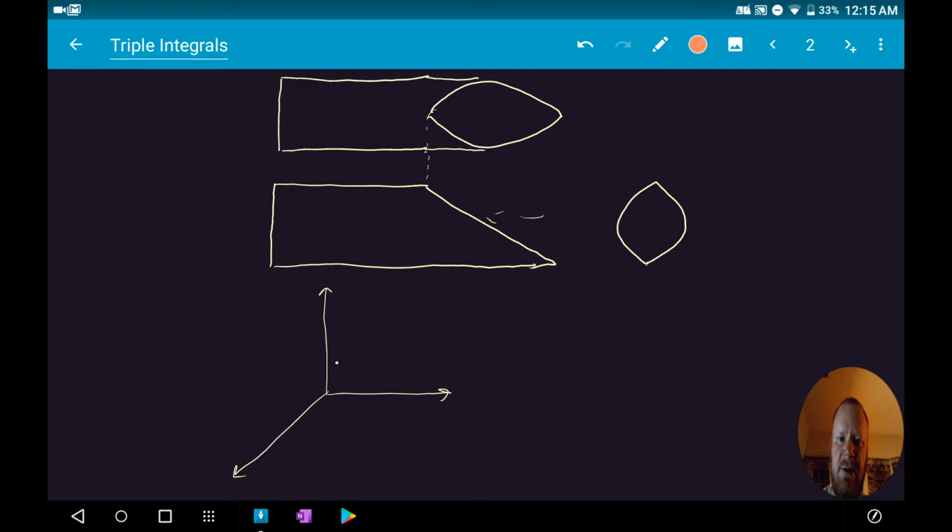Let's say it starts off like a cylinder in this direction, and then it, that's not half bad.